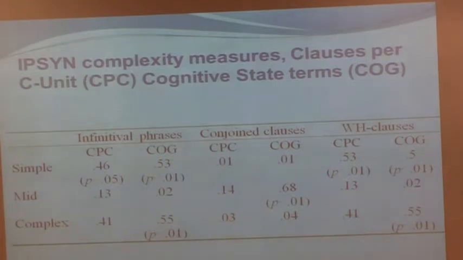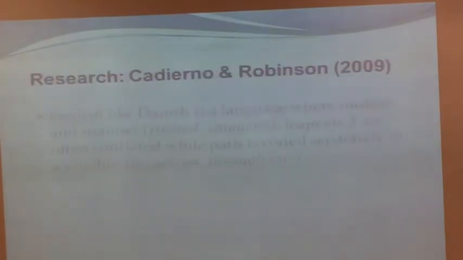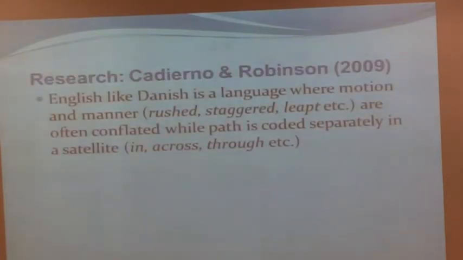So it looks like cognitive state terms are a more sensitive measure of the use of complex syntax such as infinitival phrases, conjoined clauses, and WH clauses than a general measure such as clauses per C unit is. Maybe that's a bit elusive. Okay, go on to a different topic now.